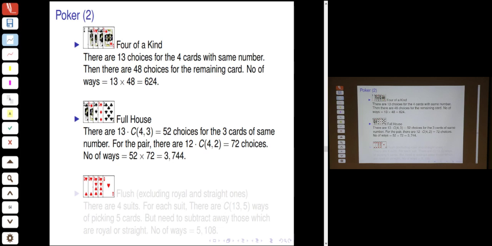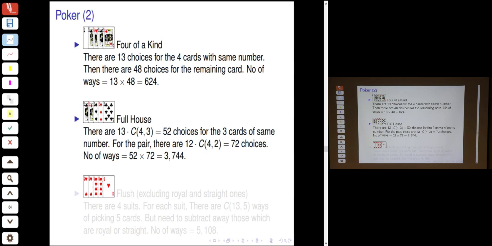So this is a full house. The full house is you have 3 cards of the same number, and then the pair also of the same number. So we want to count how many. Again, imagine we get this hand in 2 steps. First, choose the 3 cards, and then you choose the pair.